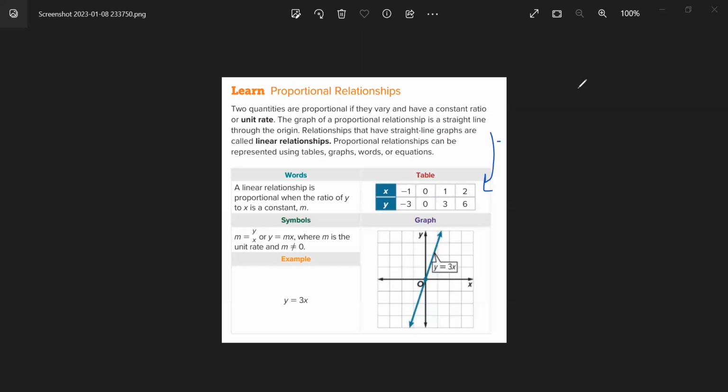So if we don't buy any candy, we don't have to pay anything. Okay, so it's 0, 0. But when we buy one candy, we have to pay $3. If we buy another candy, or two candies, we will have to pay $6.